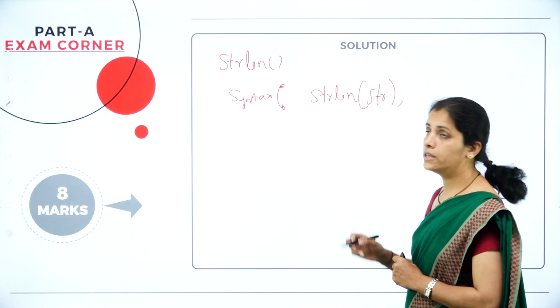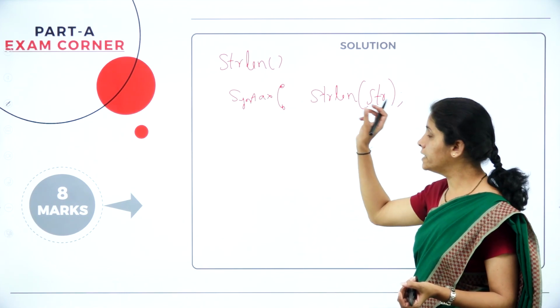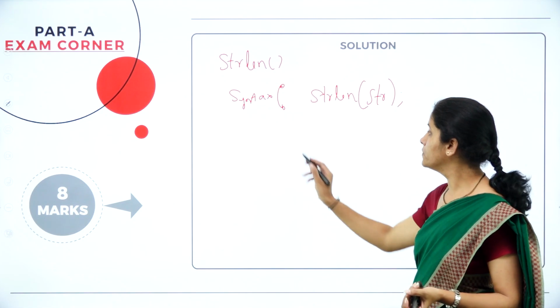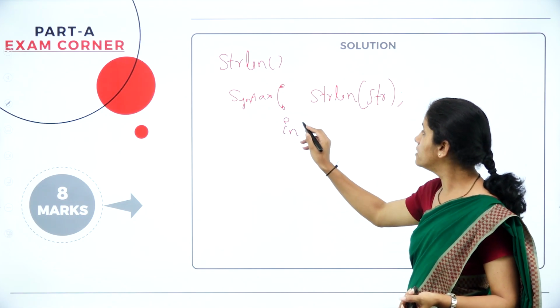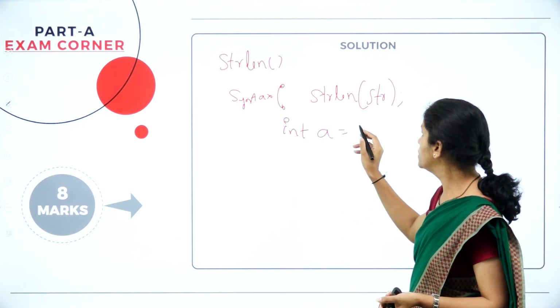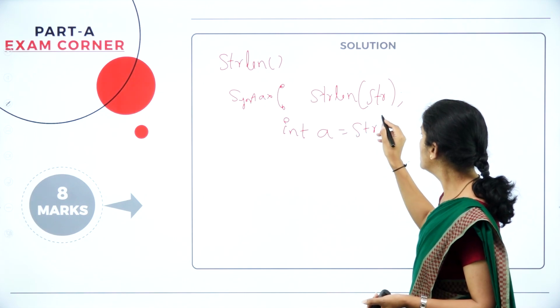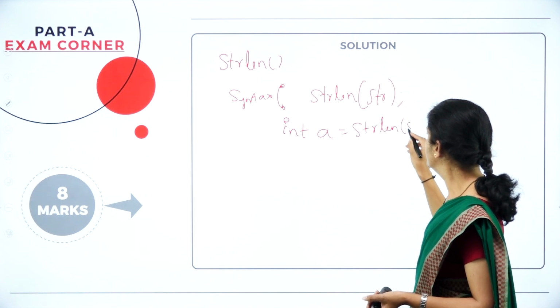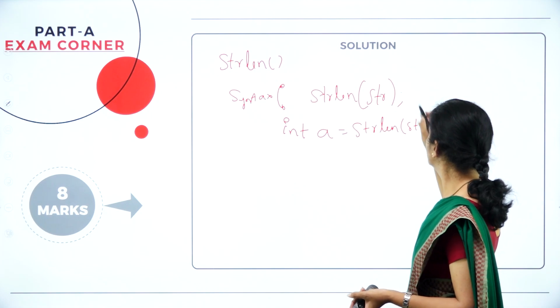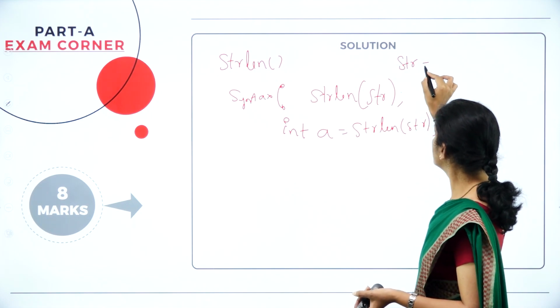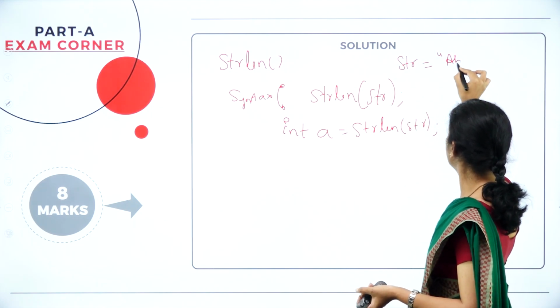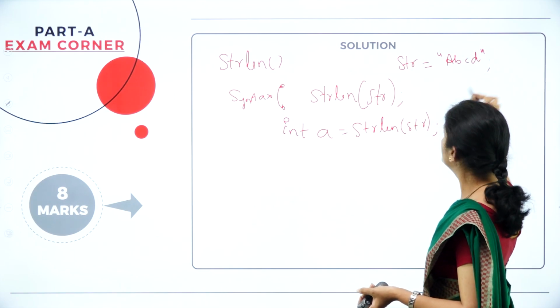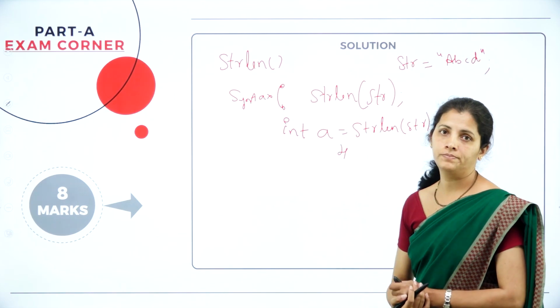What's the argument here? It is a string and it returns the length of the string. So int a equal to strlen. Here str is nothing but A, B, C and D. So what's the output? I'm going to get 4.